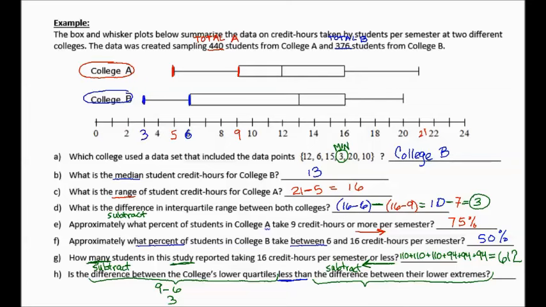So we're going to subtract those values. 5 minus 3, and you get a 2. What they're asking you is, is this 3 less than this 2? Well, no. 3 is not less than 2. So the answer here is no.